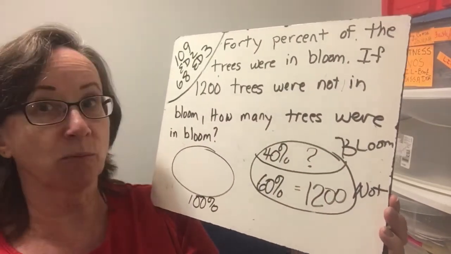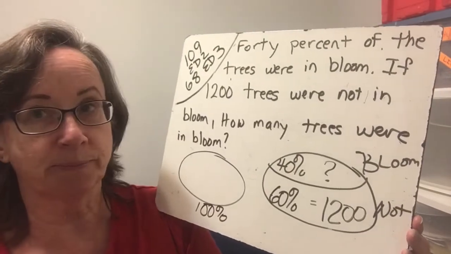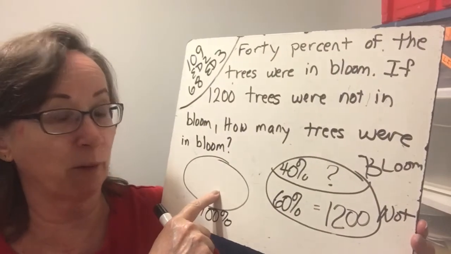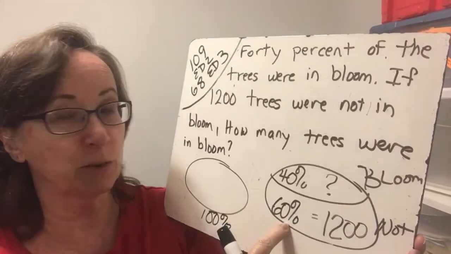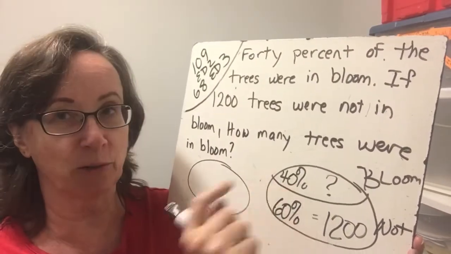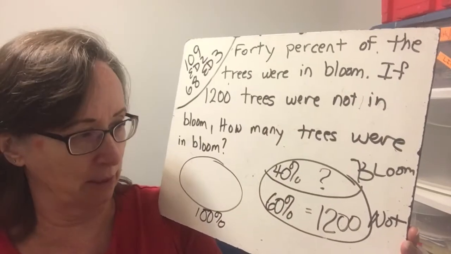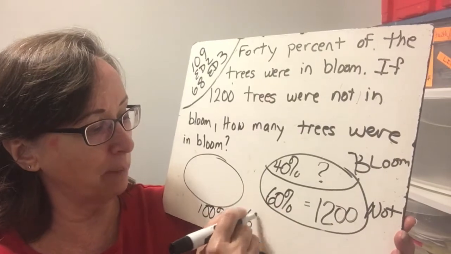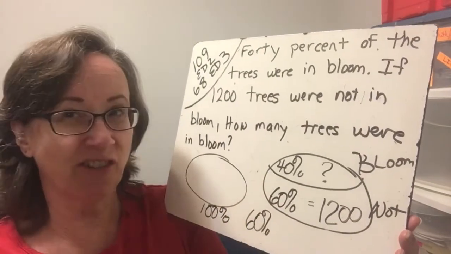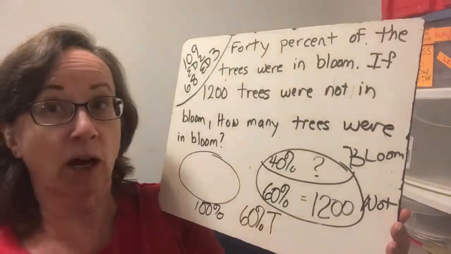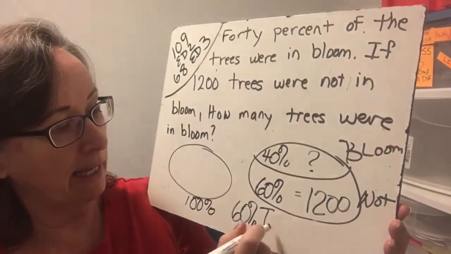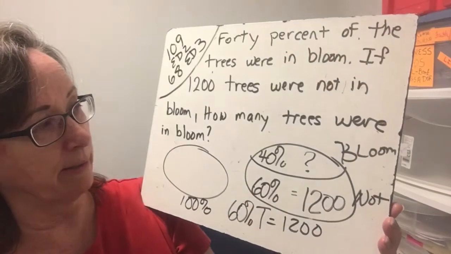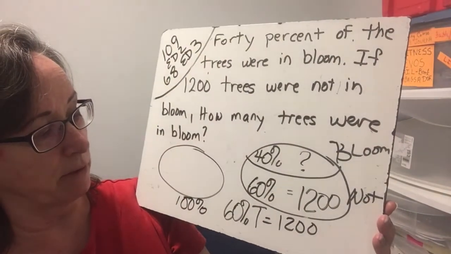How many trees were in bloom? We need to know the total number in order to know how many were in bloom. So 60% of all the trees, the total number of trees, is 1,200, because we know the 60% equals 1,200.